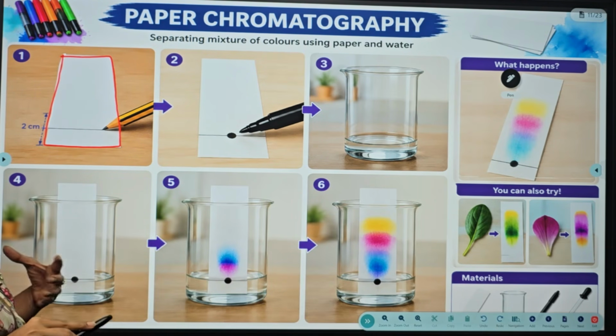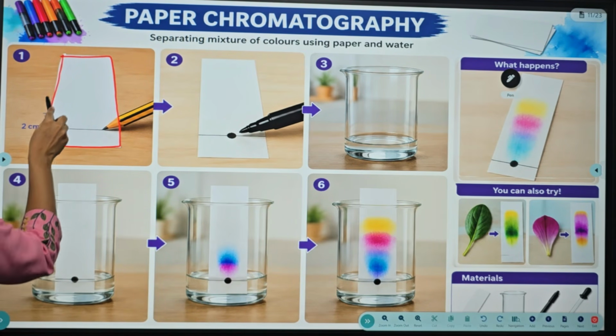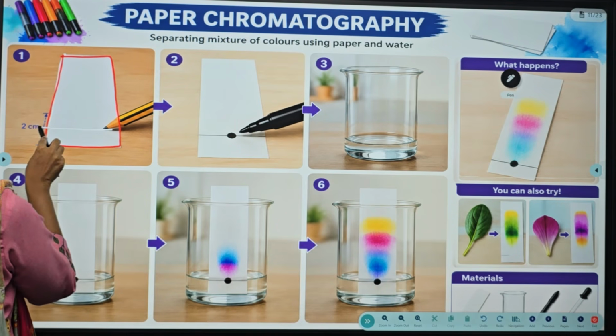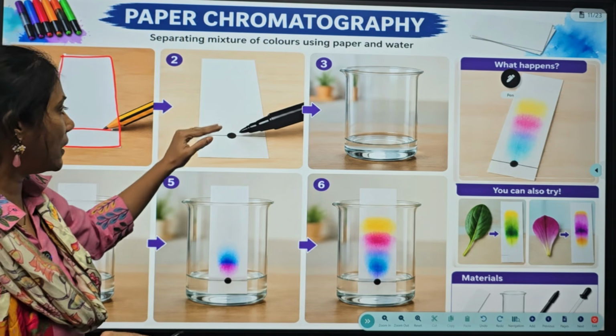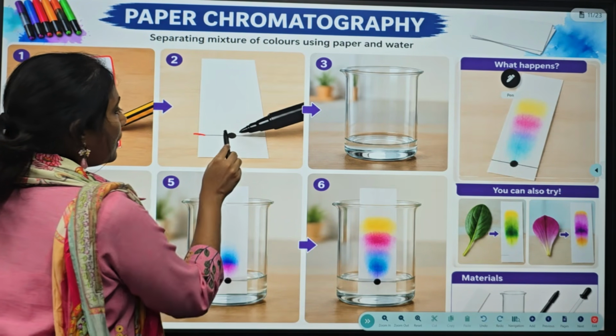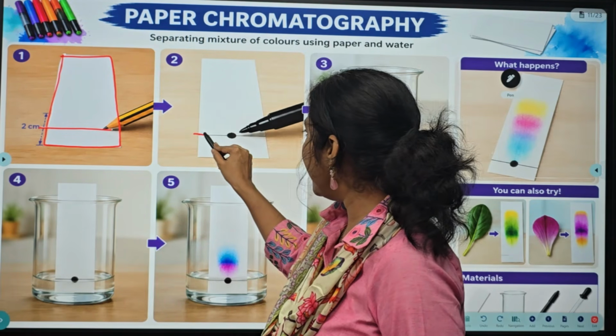How they do paper chromatography is very simple. First they will take a particular paper and draw a line, maybe 1 inch above from the bottom, and they will mark one dot at the center of the line.